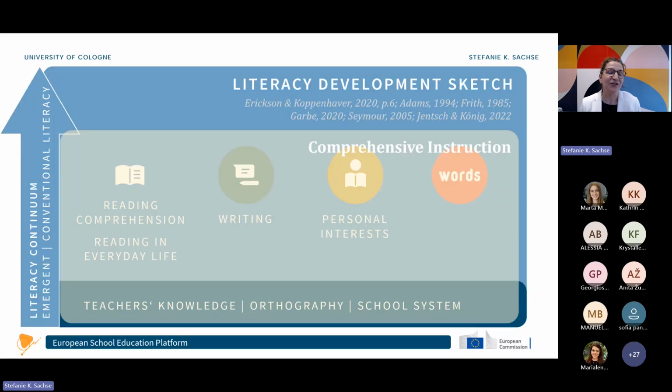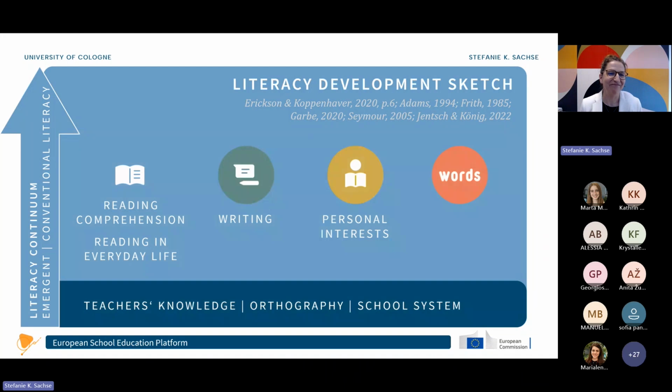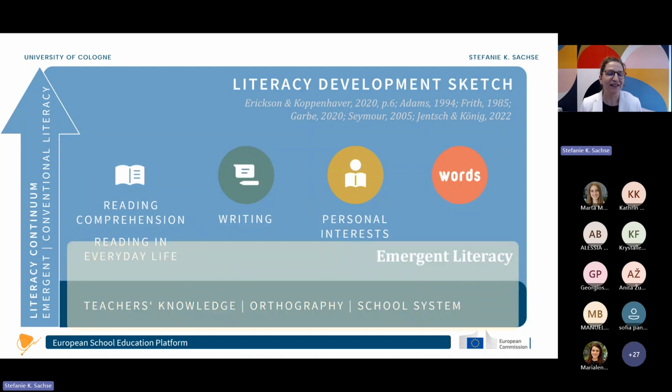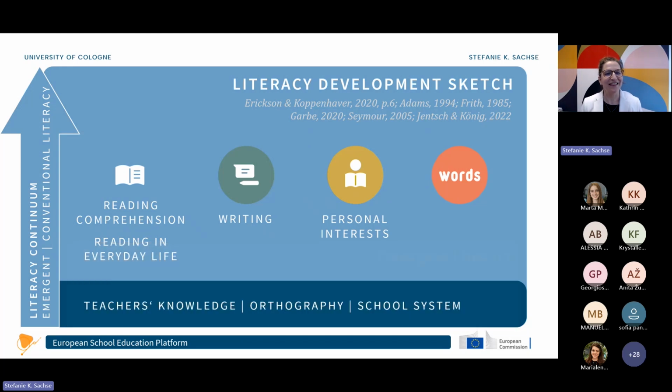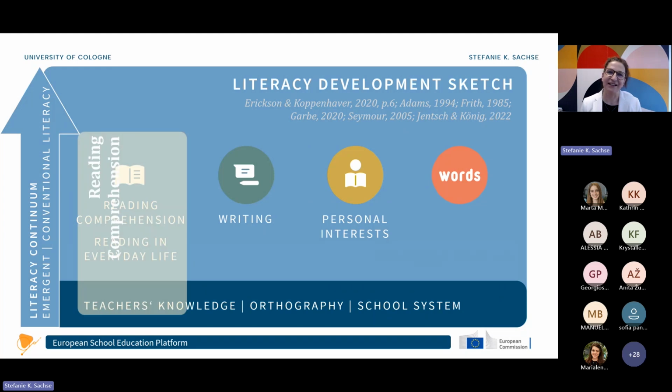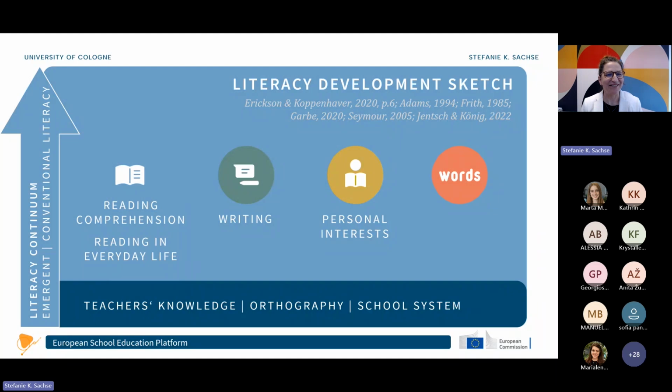The first one is comprehensive instruction, the whole picture, so to say. The second topic will be emergent literacy, looking at the earlier experiences. And then my third topic will be reading comprehension. So let's dive into it.